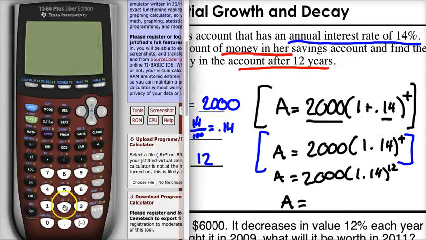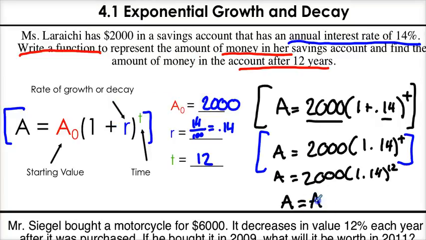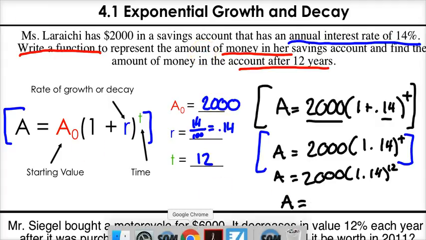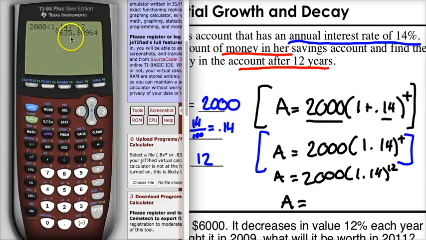So let's do it. 2,000 times 1.14, caret, don't forget that, to the 12th. Because we're going to the 12th power, you need to put that caret there. Don't forget. Press enter, and that is our answer. It is A... where'd it go? 9,635.8. And I'll leave it there.